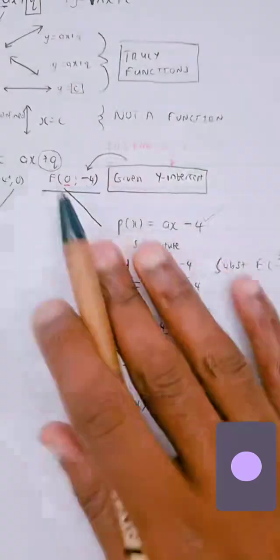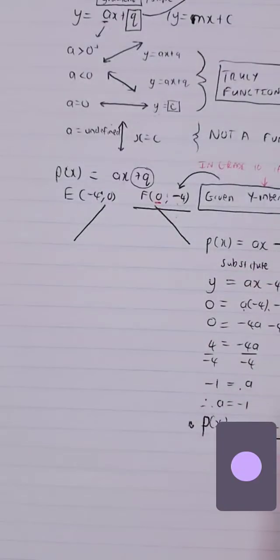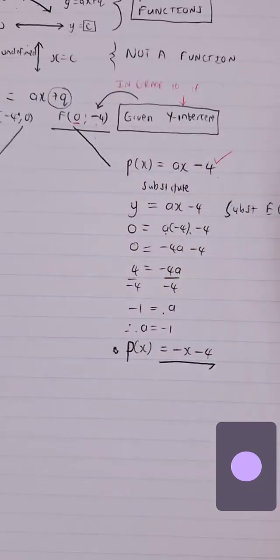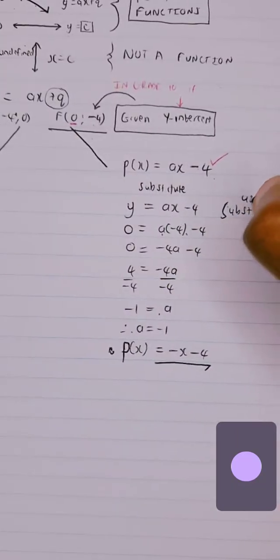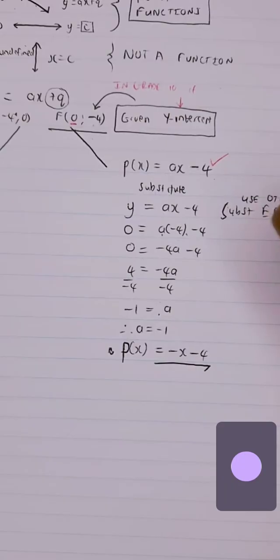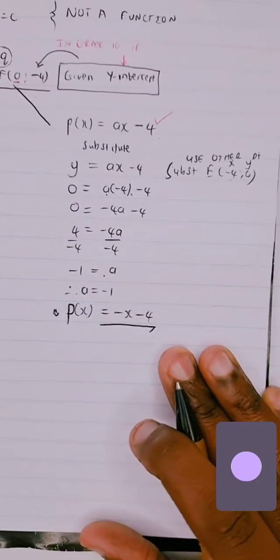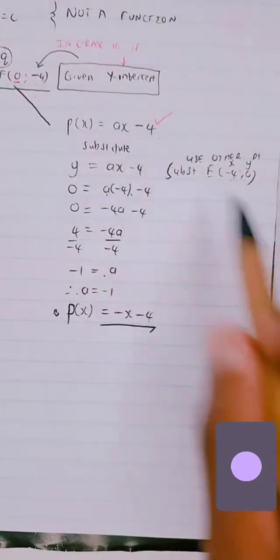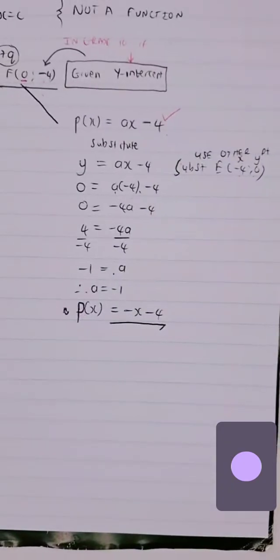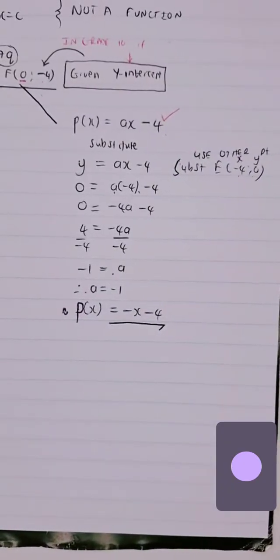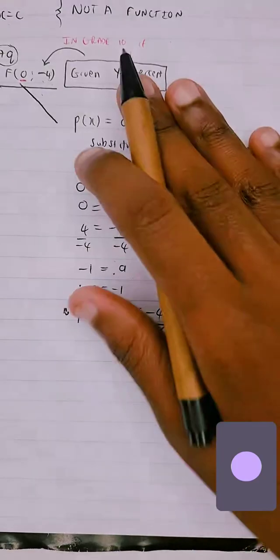We use another point to find the a value, or the other value of the expression or the function. Any other question you can ask if you like? No other question. Okay, so this is one of the ways.